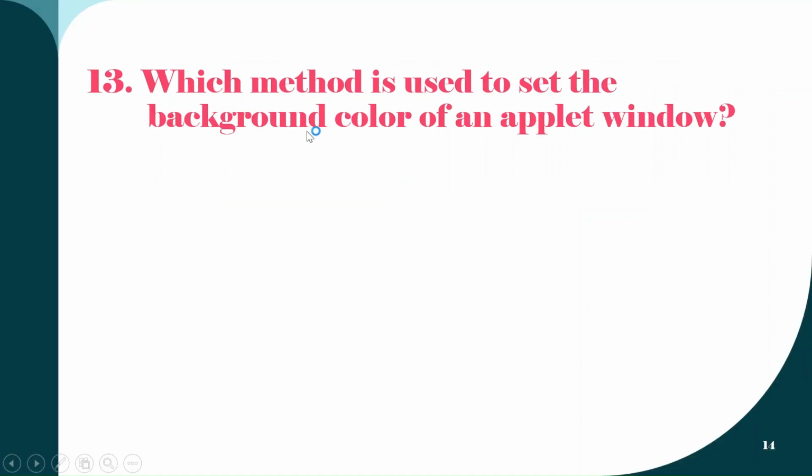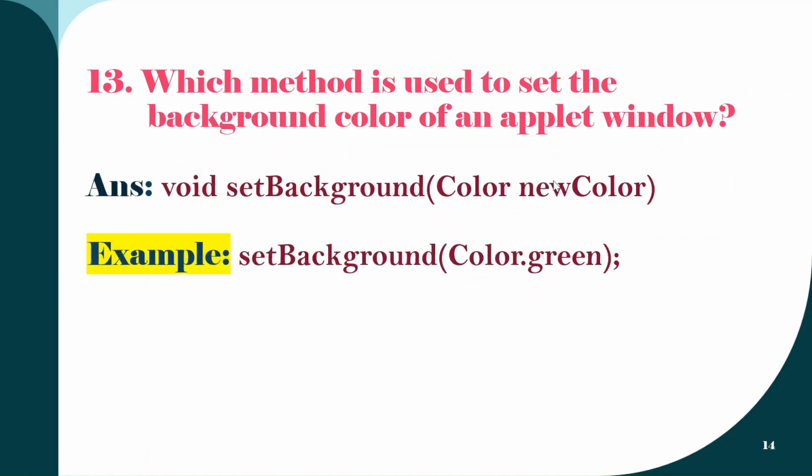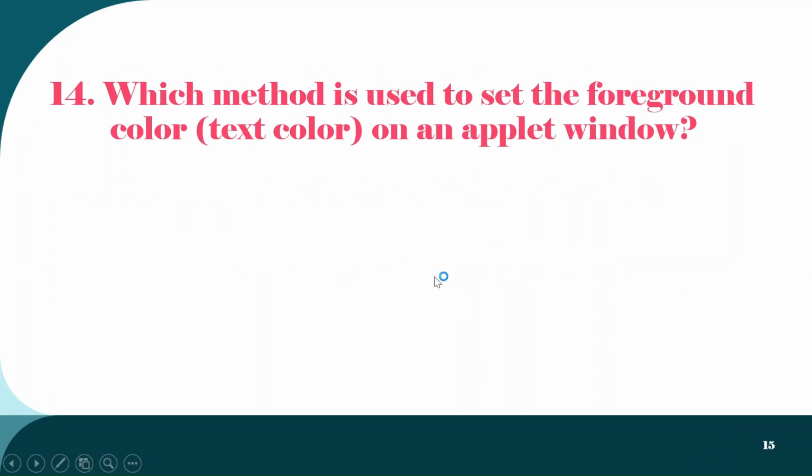Which method is used to set the background color of an applet window? We have the setBackground method, and the syntax is void setBackground, where you need to provide the color. This is the example: setBackground(Color.green), where the applet window color will be set to green. Now, which method is used to set the foreground color, that is the text color, of an applet window?